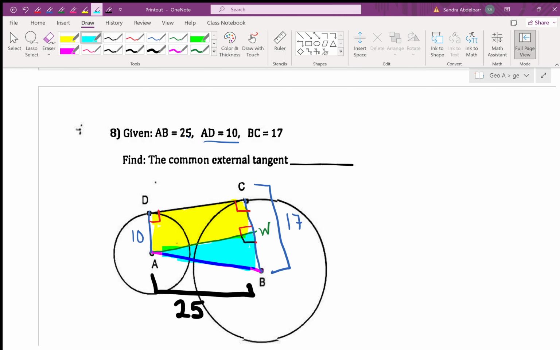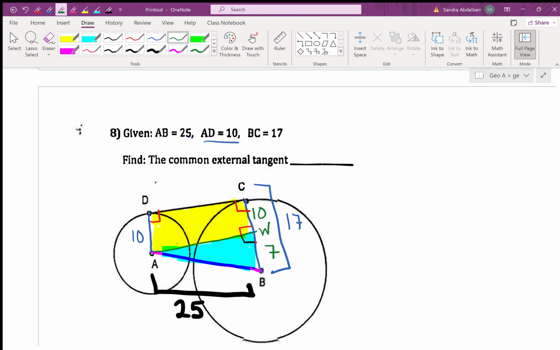But we're not going to be able to find it right off the bat right now. We got to do a little bit of manipulation. Do you all see DAWC, this rectangle? If the left side is 10, the right side is also 10. What does that mean for WB? It is 7. Now look at the triangle. 7 something 25.